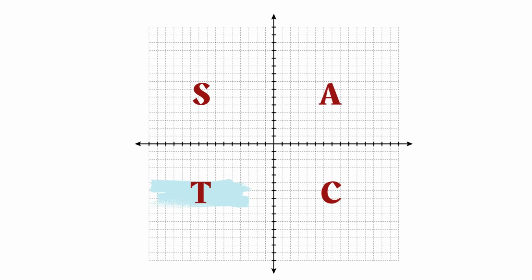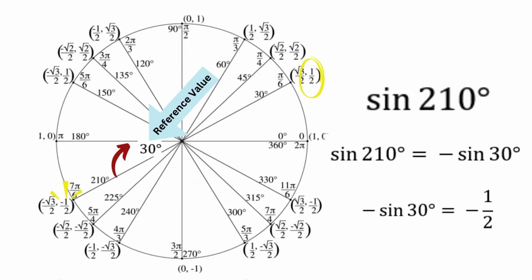Since we know we're in quadrant 3, we know only the tangent is positive in quadrant 3, so we know we're going to have a negative answer for the sine of 210 degrees. So the sine of 210 degrees will equal the opposite of the sine of 30 degrees. Well, we know the sine of 30 degrees is equal to a half, so the opposite of the sine of 30 degrees would equal negative 1/2 as our answer.